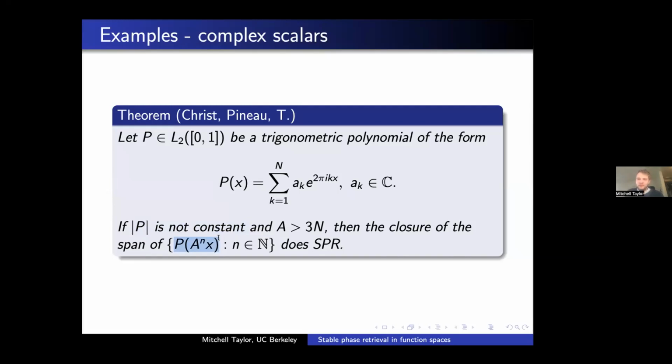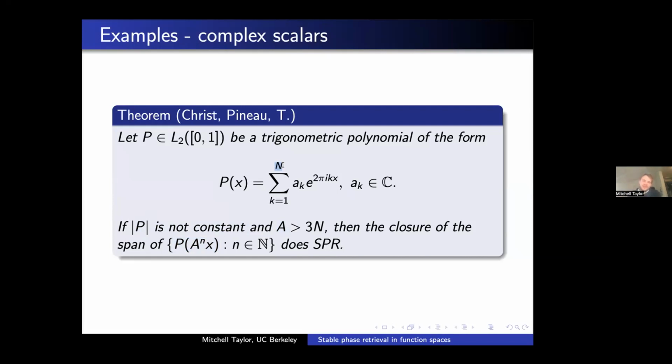That would mean I fail to do phase retrieval, because phase retrieval is exactly the study of recovering a function from its magnitude. And the point here is that this is actually the only obstruction to phase retrieval as long as your dilation set is sufficiently sparse. So we need the dilates to be at least 3 times the length of this sum.